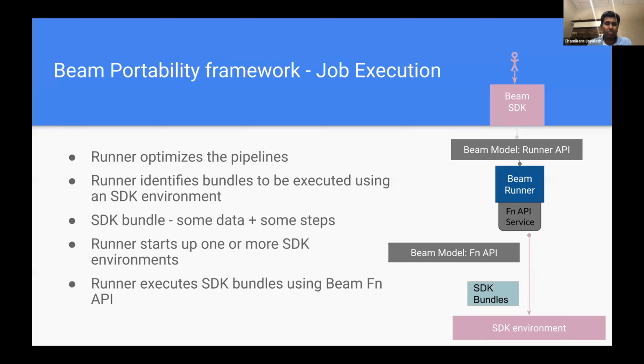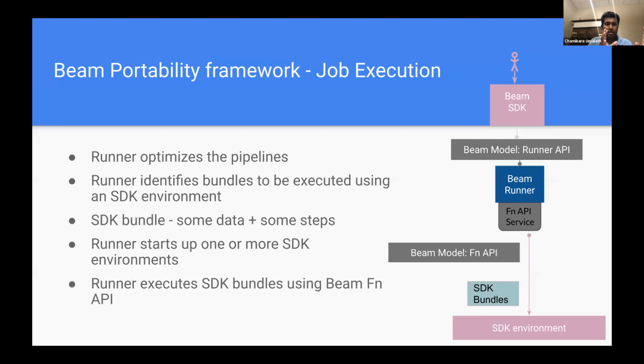And then what the runner would do is it'll identify a set of bundles to be executed using Beam environments. Each bundle consists of some of your data and some of your steps. This data can be, for example, your input data, or it could be some intermediate data, right?